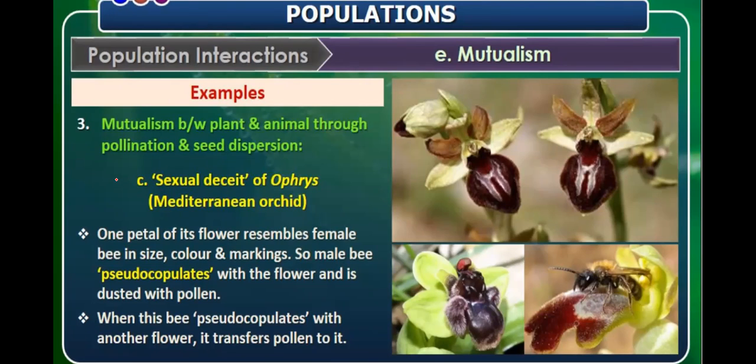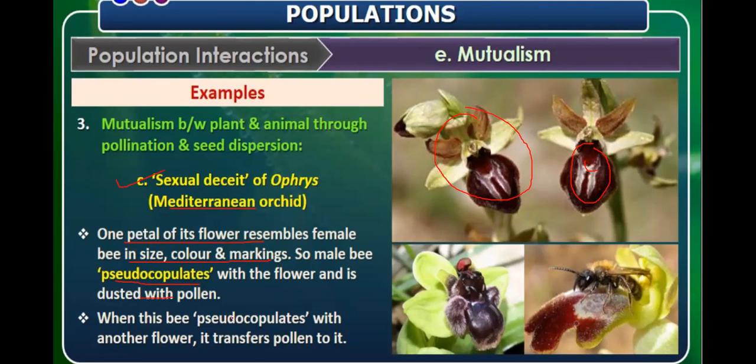There is one device, sexual deceit of Ophrys, the Mediterranean orchid. One petal of the flower resembles a female bee in size, color, and markings. So the male bee pseudocopulates with the flower and is dusted with pollen.